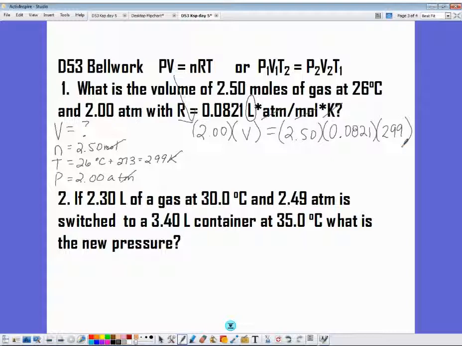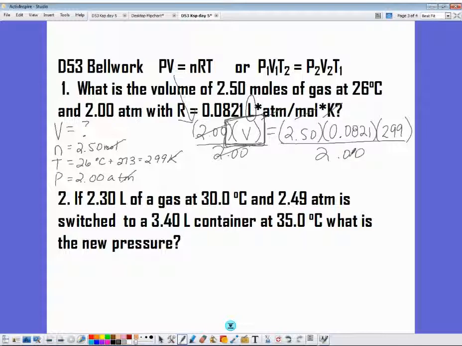Yes? Okay. Divide both sides by what? If I want to isolate V, divide both sides by what? 2. 2. So you're right. Cut it in half, if you will. All right. To isolate V, I'm trying to solve for V. I divide both sides by 2.